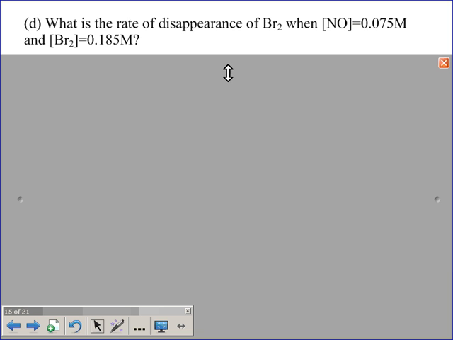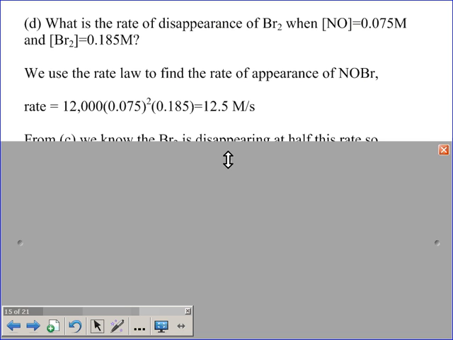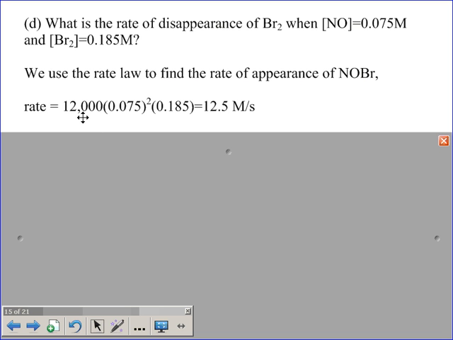So the rate law tells me the rate of appearance of NOBr. I just have to substitute in my concentrations to find out how fast this is appearing. That's my K, 12,000. Here's my two concentrations.